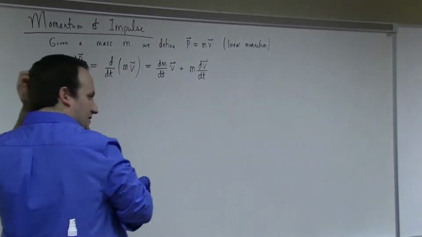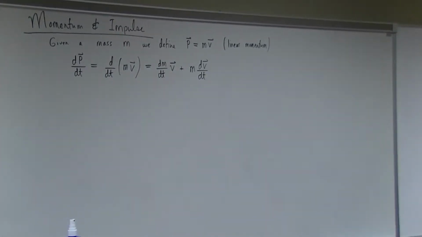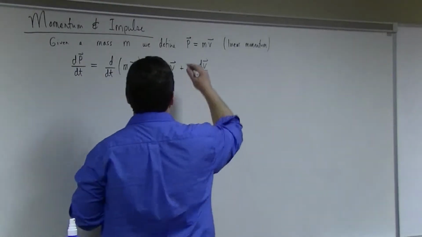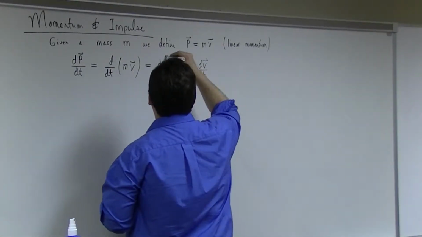But for a single particle, you don't usually think about the mass of a single particle changing, right? Dynamic mass, that's kind of weird. But if this was a rocket, maybe the rocket's mass could be changing, then you could have a non-trivial dm/dt. That's interesting, but let's save that case for later, and suppose this is 0.